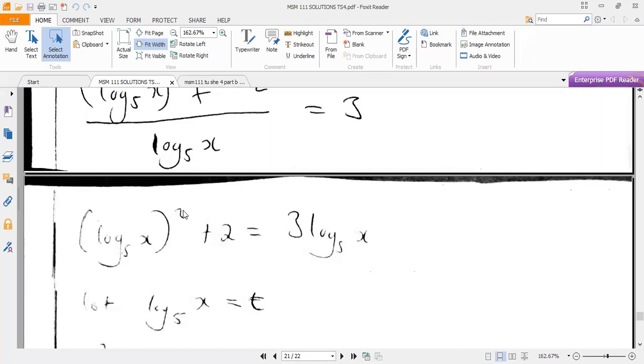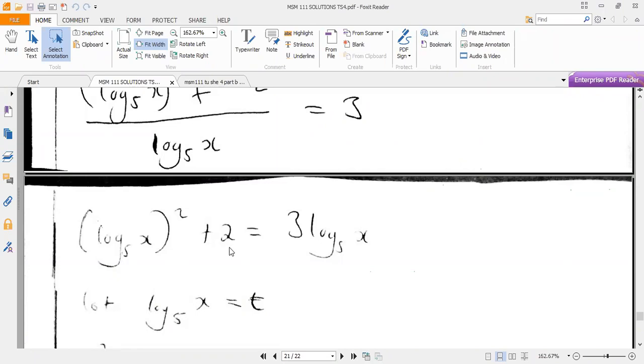There's a square there. It will be difficult to deal with. Okay, we proceed. When you multiply throughout by this, you remain with this here.